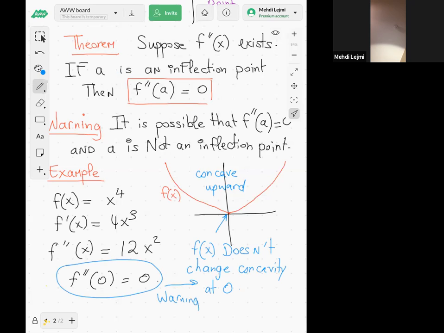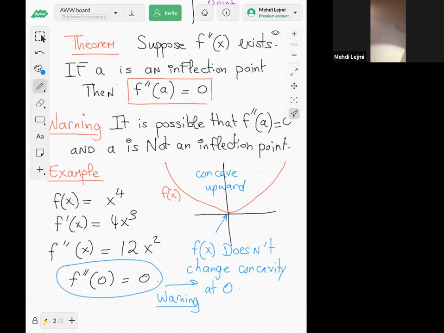Again, that's exactly what I said. It's possible that the second derivative is 0 at a, but your f of x doesn't change concavity at a, so your a is not an inflection point.